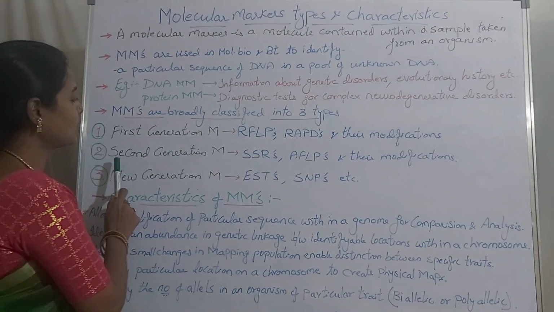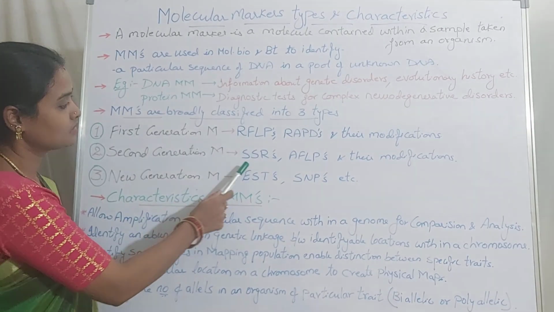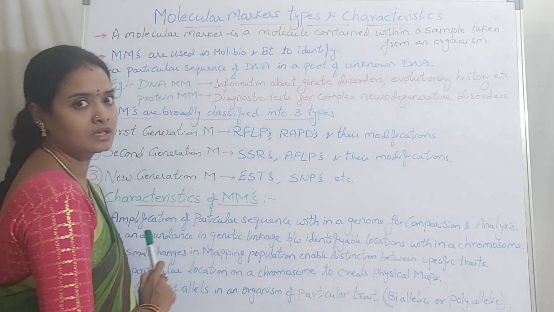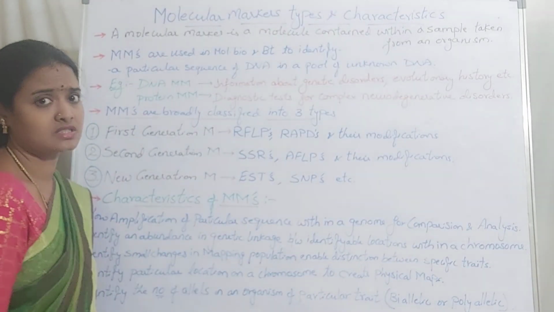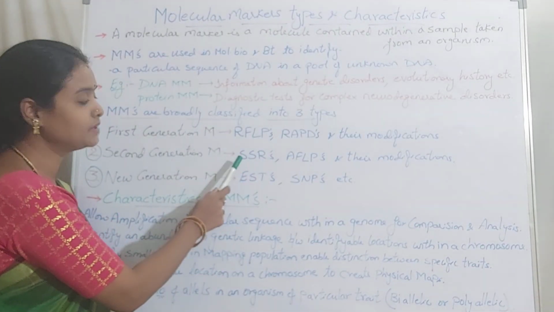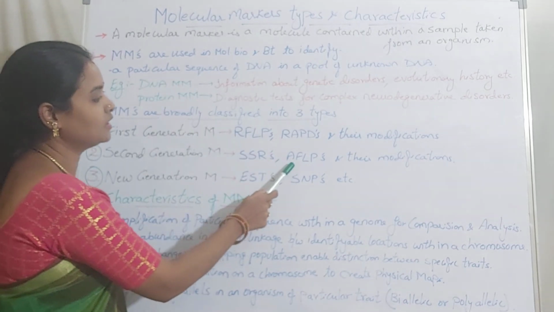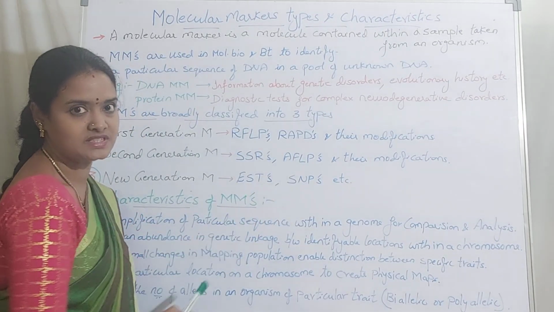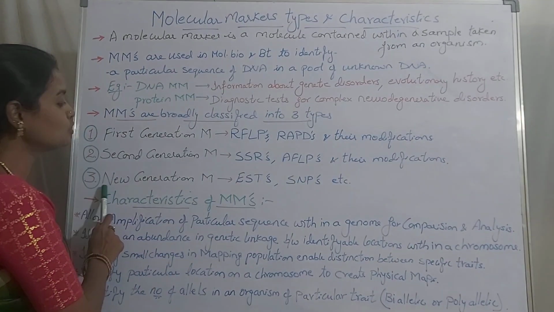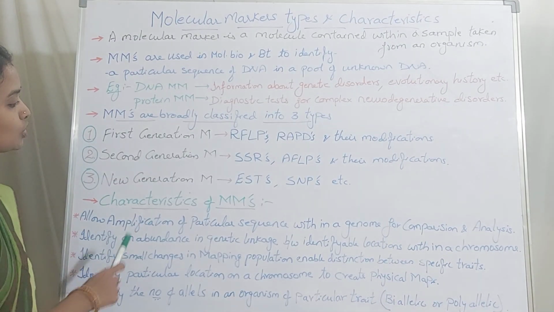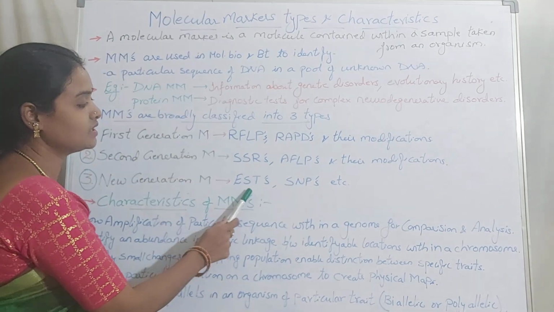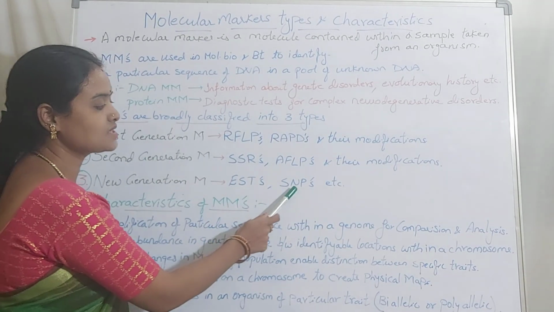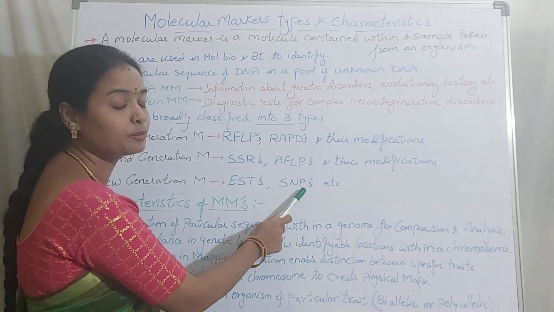Okay, then you have the second generation markers. The examples are SSR and AFLPs, right? And then modifications. SSR is simple sequence repeats. AFLPs are amplified fragment length polymorphism. Then the new generation or the third generation molecular markers, you have ESTs, that is expressed sequence tags, and SNPs, single nucleotide polymorphism.